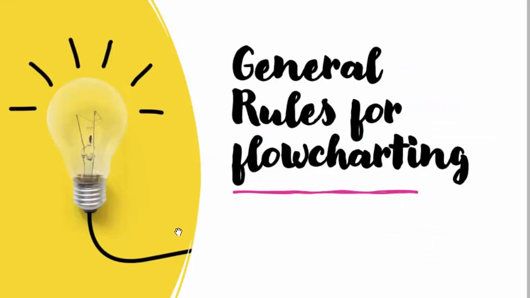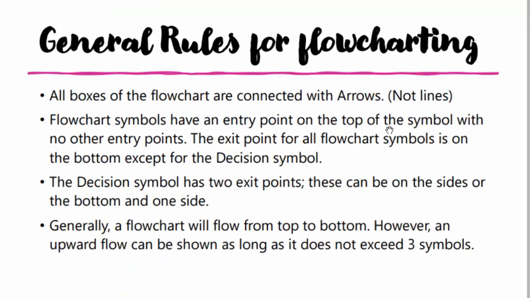Now we have general rules for flowcharting. Before you can make your flowchart, you have to remember all the symbols, definitely. However, there are general rules for flowcharting, such as remember that all boxes of the flowchart are connected with arrows and not lines. Flowchart symbols have an entry point on the top of the symbol with no other entry points.